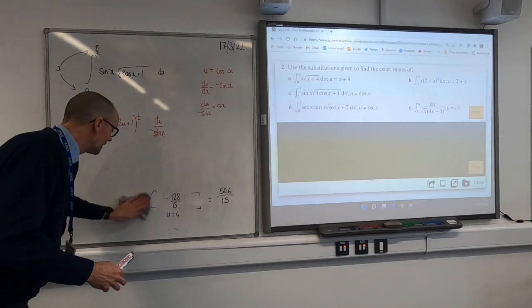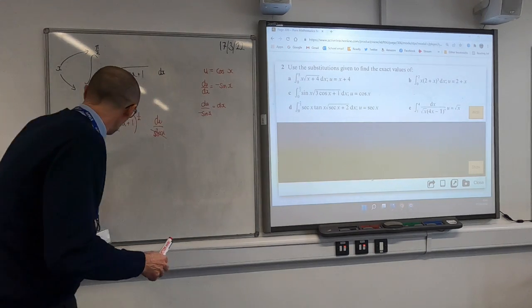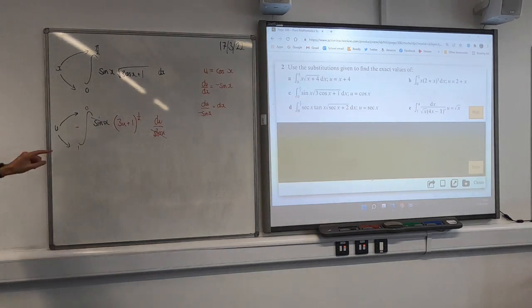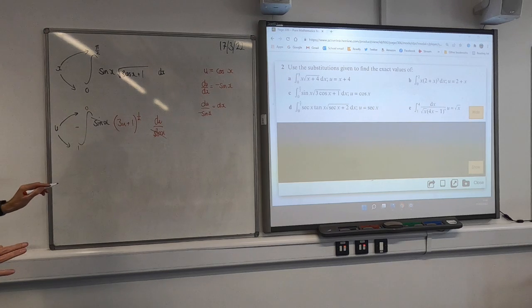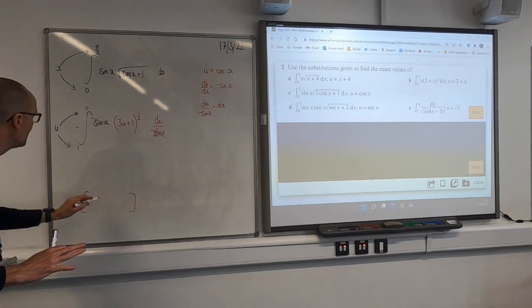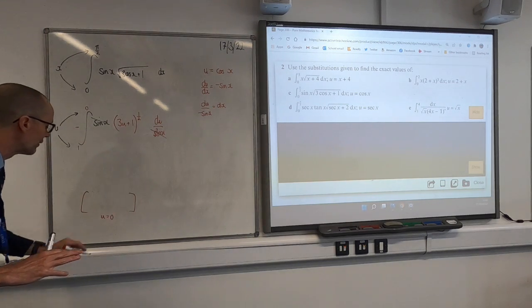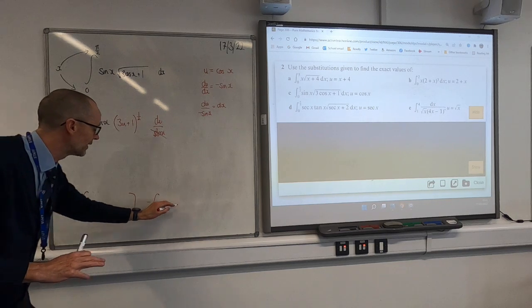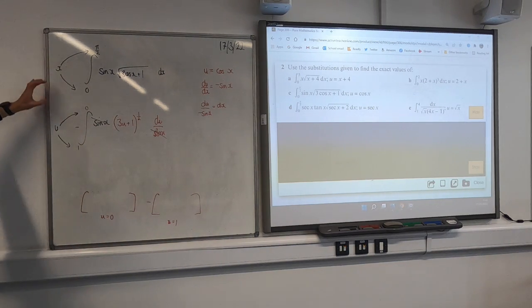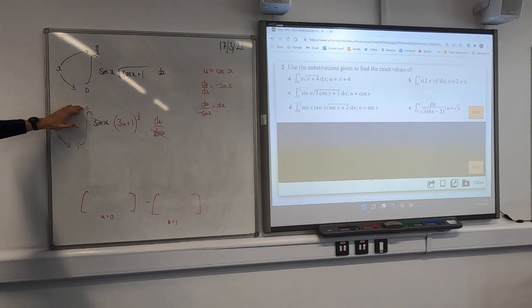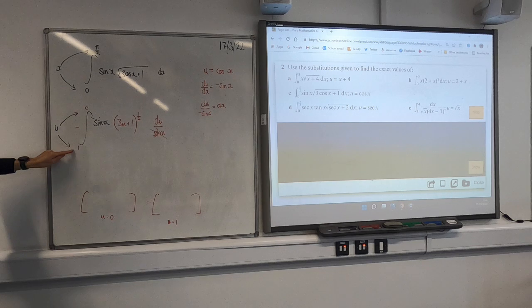Well, we do it in the order that it should be done: not bigger and smaller, but that number we substitute in first. So it's a bit counterintuitive, but when you've integrated, you do what you get when u equals 0 first, and then take away what you get when u equals 1. I've changed my x limits to u limits, and it just so happens that now that's smaller than that. But I still do that number first, take away that number, and that's always the case.